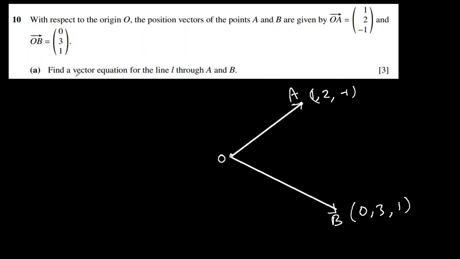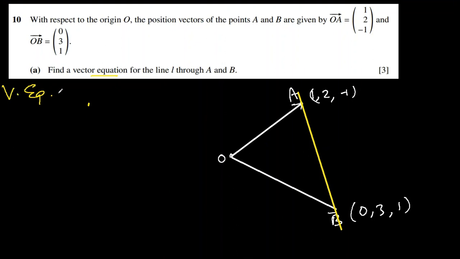Alright, find a vector equation of the line L passing through A and B. So let me draw a line through A and B. This is the line they're talking about. Okay, this is the line, and we have to find its equation. So vector equation, they're saying, right?